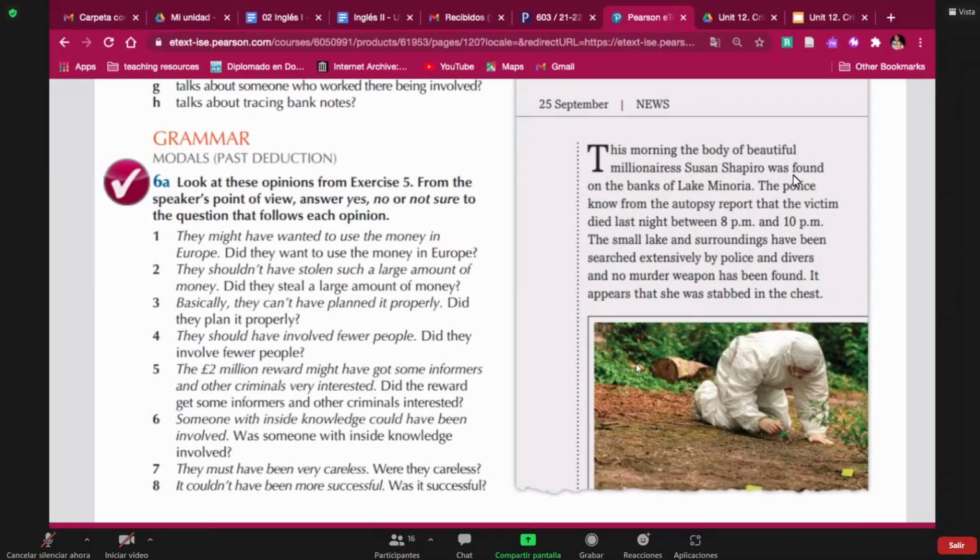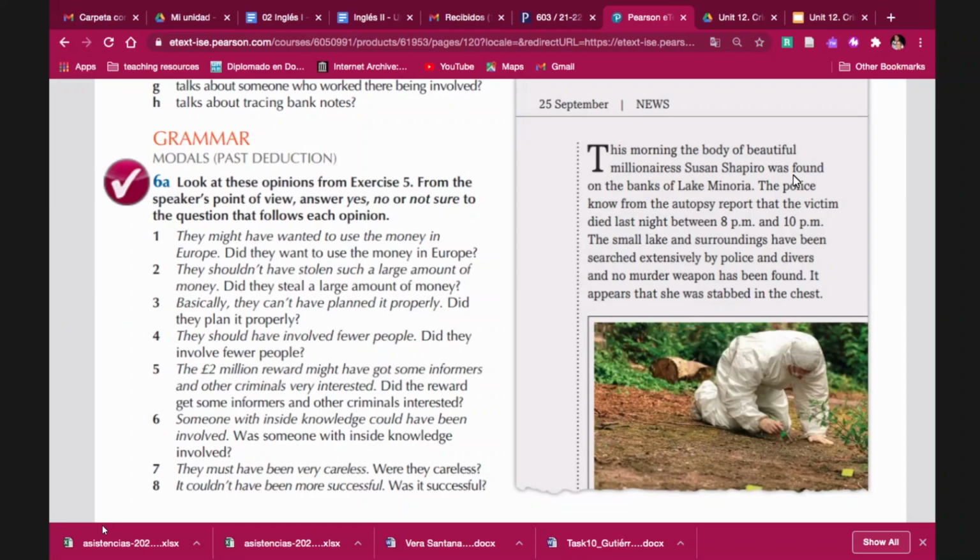Jonathan, please, number 5. Read the sentence, please, and then the question. No, the 2 million pound reward. That it says might have got.